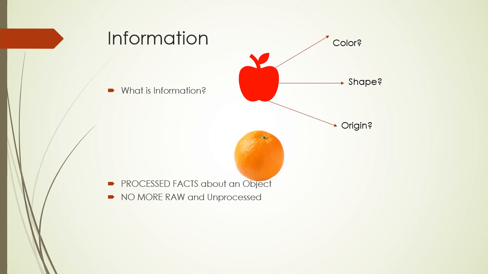You have to be on purpose when you process this data into information. There has to be a clear purpose and reason to process this data into information. So it's no more raw and unprocessed. It's no more atomic, at least from the concept perspective, but it's now mission critical.